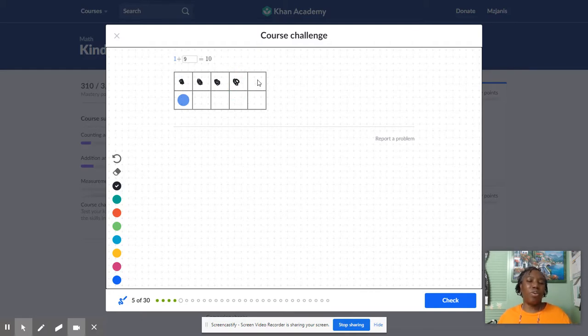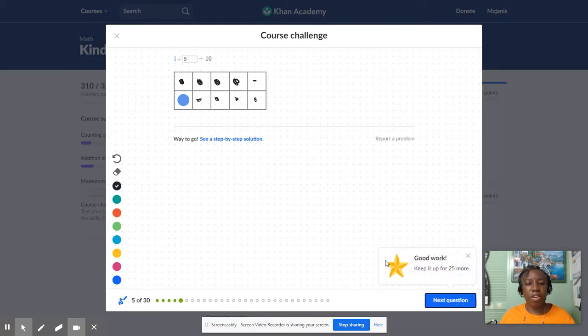And then they can do all of these here, here, here, here. And then they can count how many dots they made. 1, 2, 3, 4, 5, 6, 7, 8, 9. Okay, and let's check. And if they ever get any wrong, you see a step-by-step solution, okay? All right, let's keep going.